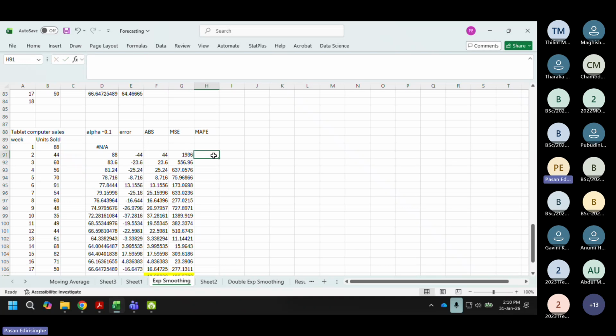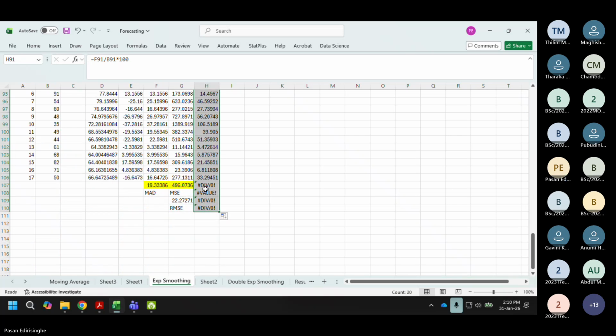So the mean absolute percentage error calculation. So that's absolute value divided by the actual and then multiplied by 100. So we can calculate our error measurements like that.